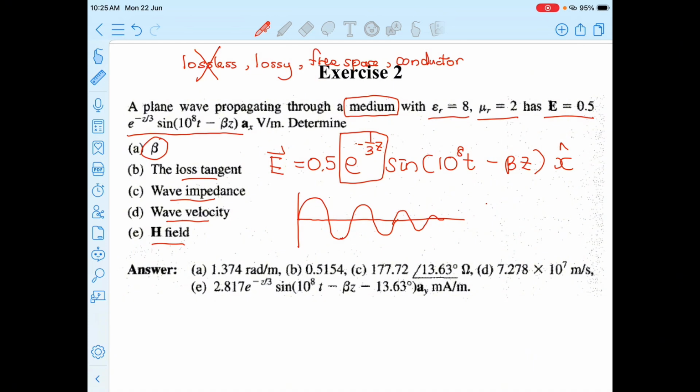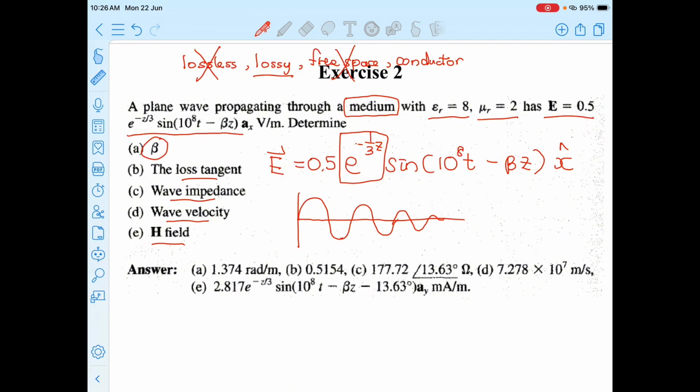If lossless, this won't happen. For lossless and free space, the amplitude will be maintained throughout the whole distance. So it is not lossless and it is not free space. In this case, this plane wave is propagating in a lossy medium.